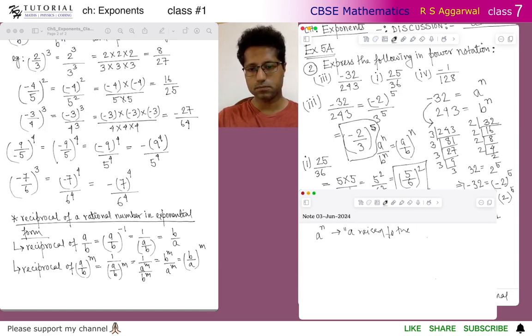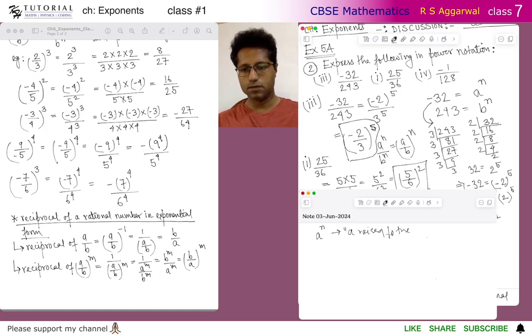Now let's factorize 128 and see. 128, 64, 32, 16, 8, 4 and 2. So 1, 2, 3, 4, 5, 6, 7. So 128 is equal to 2 raised to the power 7. So we can clearly see that 7 is odd.